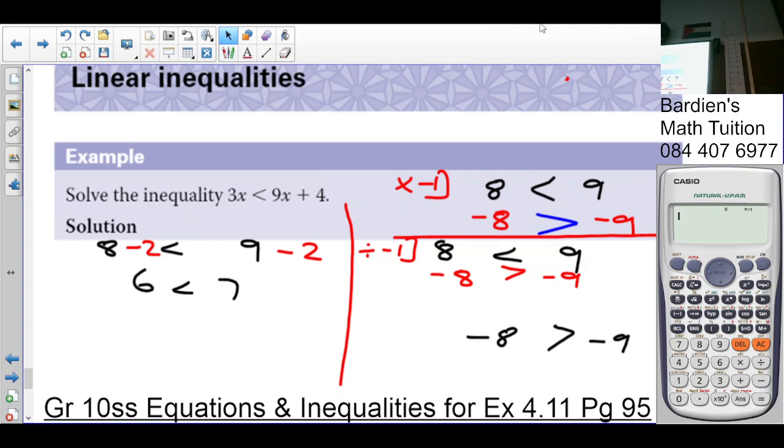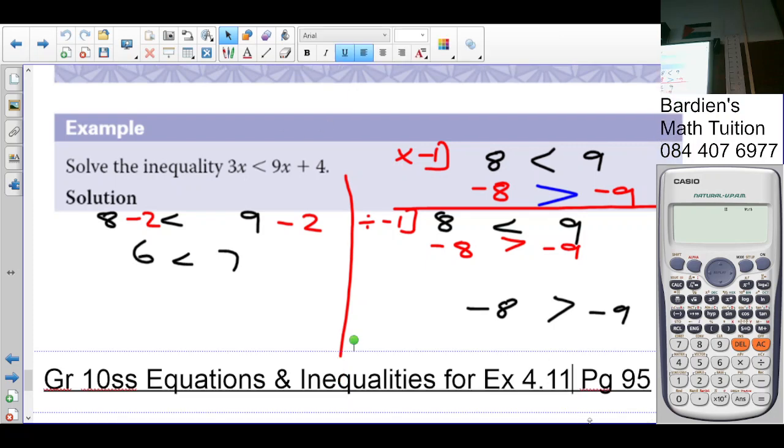Now this is for exercise 4.11. Now 4.11 deals with sketching of graphs and all of those things. So this part of inequalities we're going to do when we do graphs. However, we're going to go straight into 4.12.